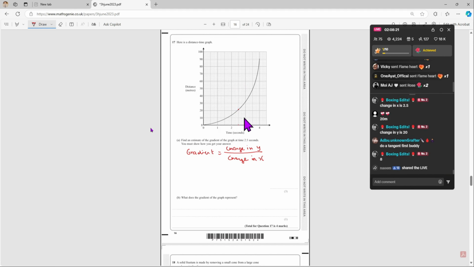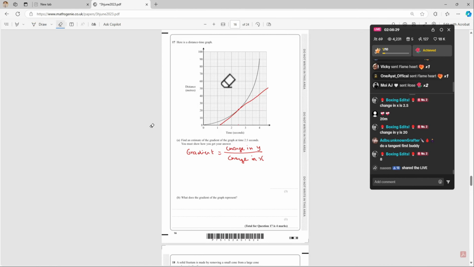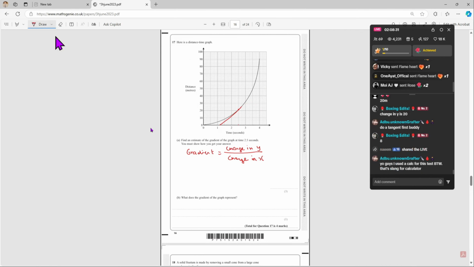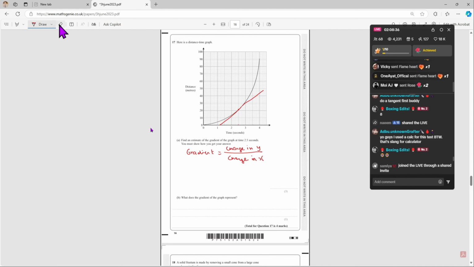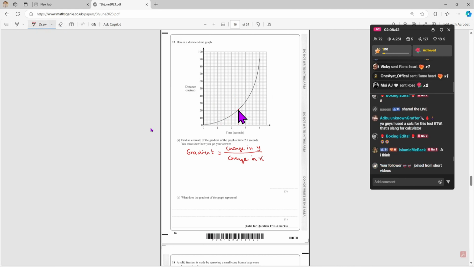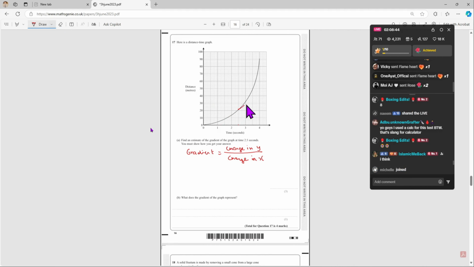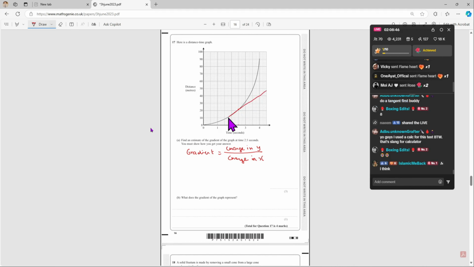So from here, draw a straight line like that. I struggle with doing straight lines on this computer, but like that.